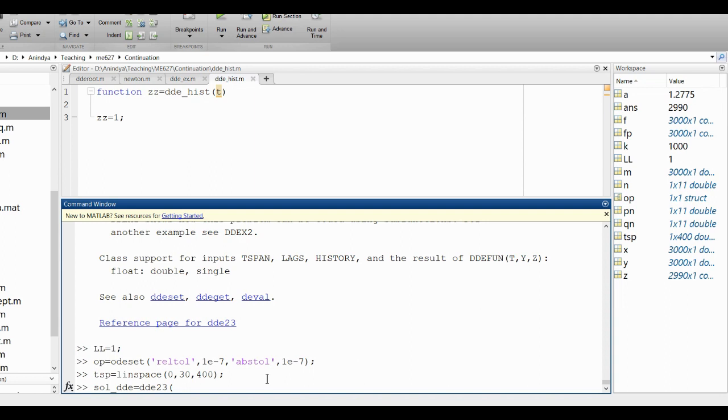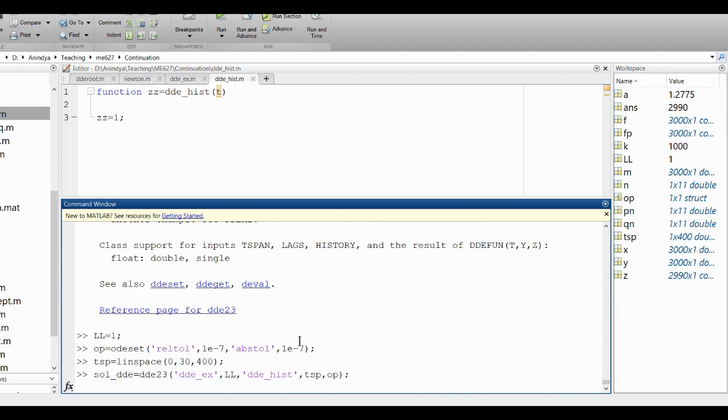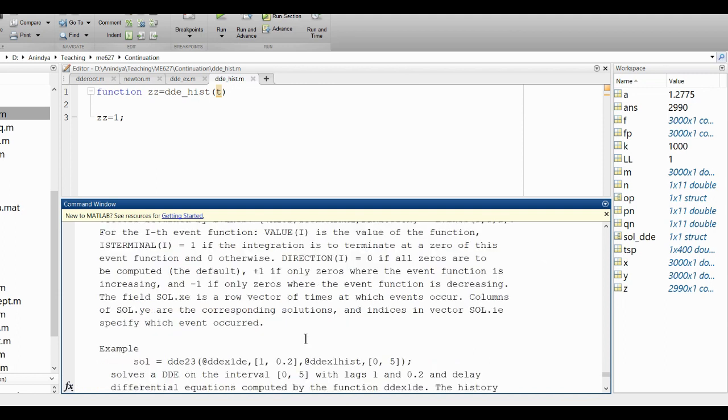Then I have to give it the name of the function. The name of the function is DDEEX. Then I have to give it the lags, for which my name is LL. Then I have to give it the history, which is DDE history. Then I have to give it the tspan. Then I have to give it the options.